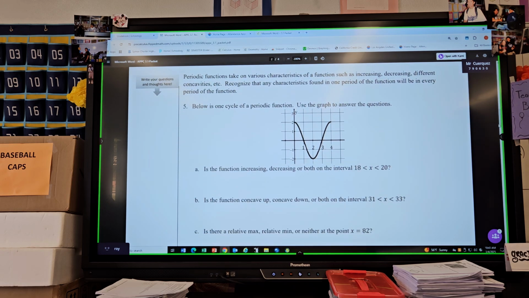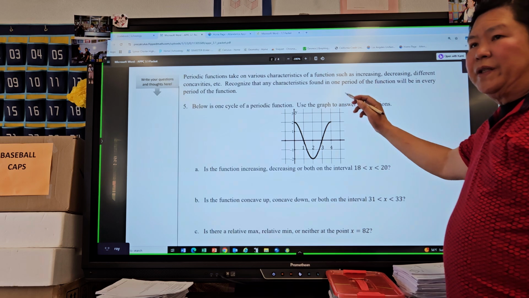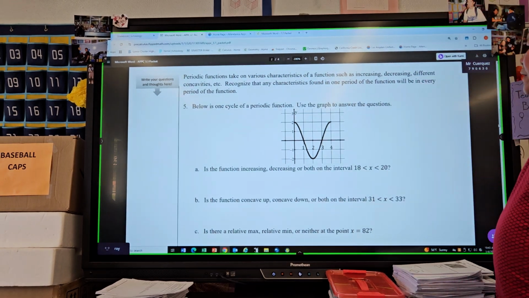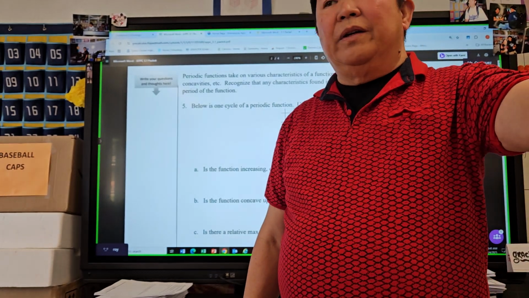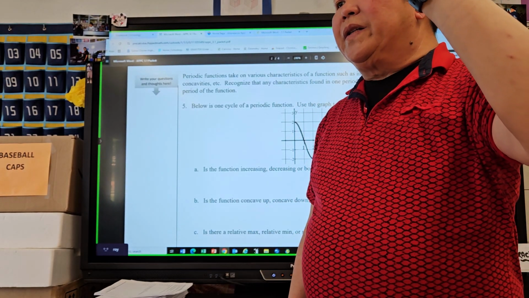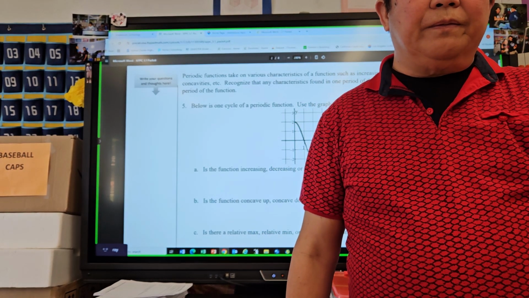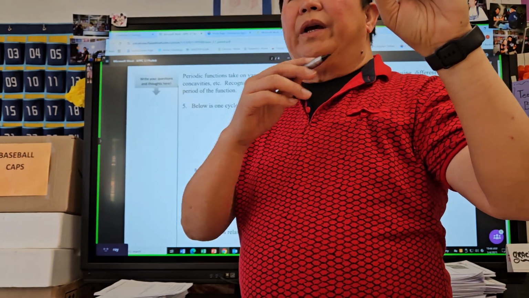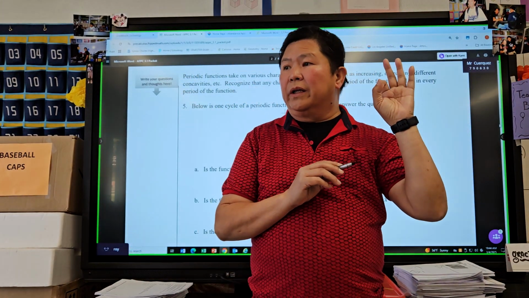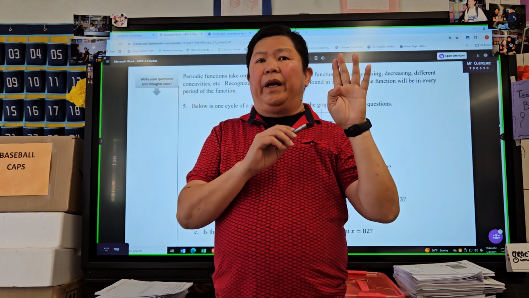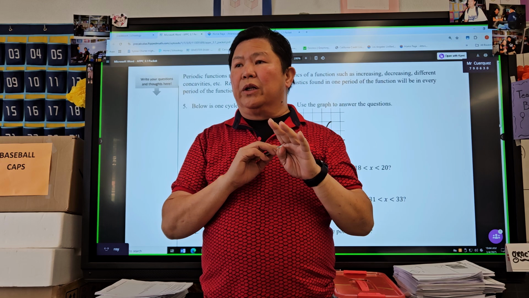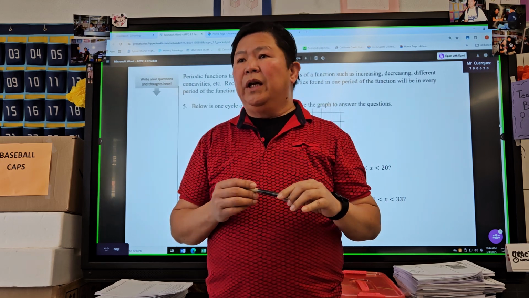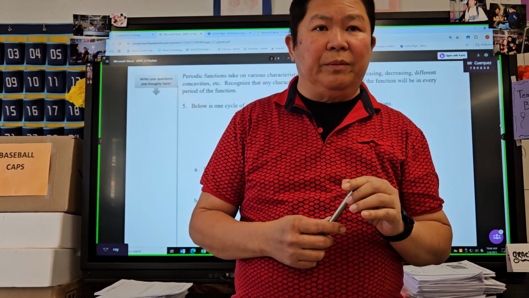So periodic functions take on various characteristics. What are these characteristics of the function? It's going to be increasing. Next, it could be decreasing, or we have concavity, either concave up or concave down. And with concave up and concave down, we also have relative minimum and relative maximum.